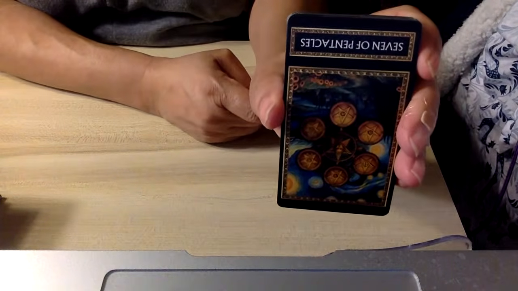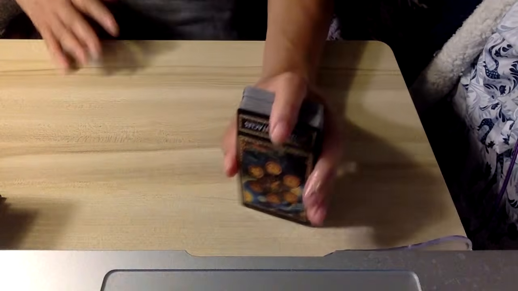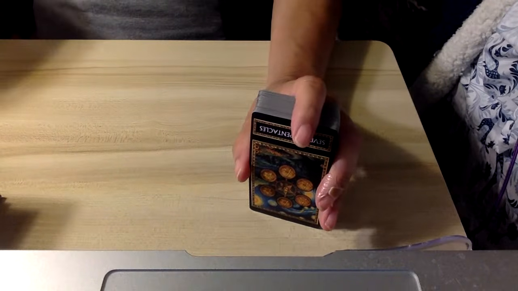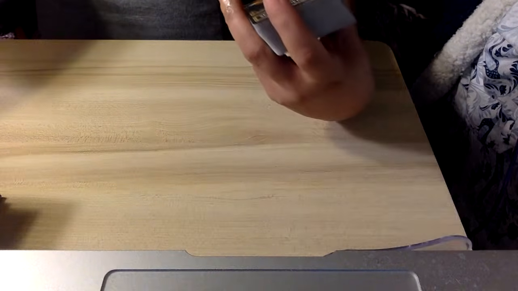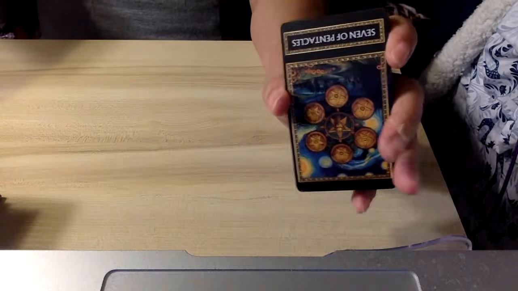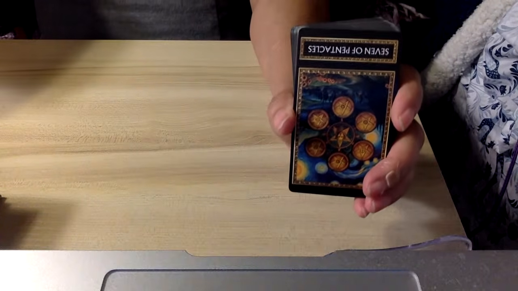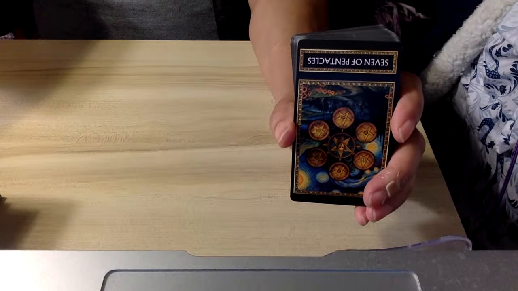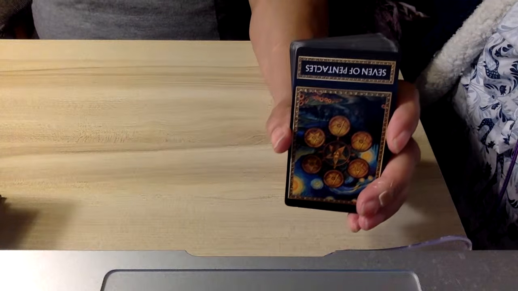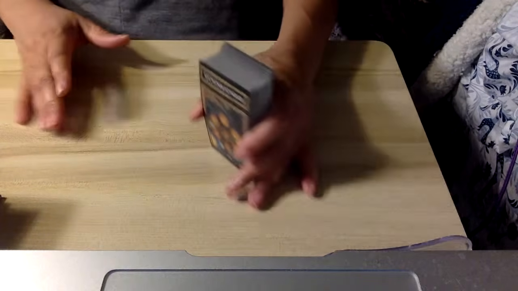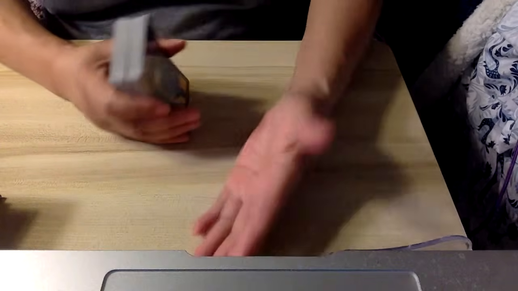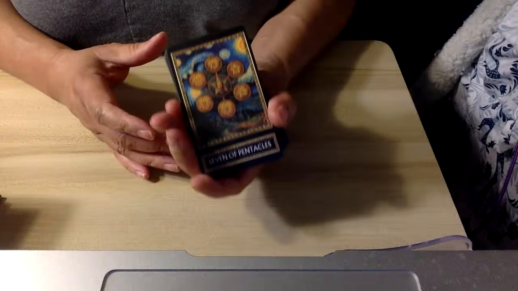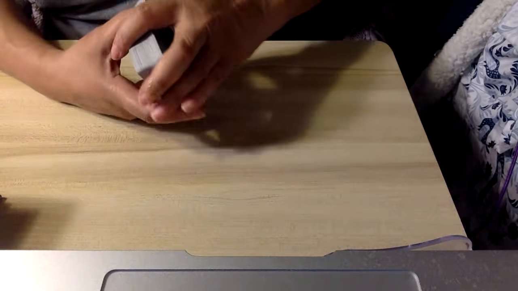Seven of Pentacles. Impatient, impatient. Also, at the same time, is loss on investments. Impatient, losing faith. They are feeling a loss on their investment, because the Seven of Pentacles is the investment card.